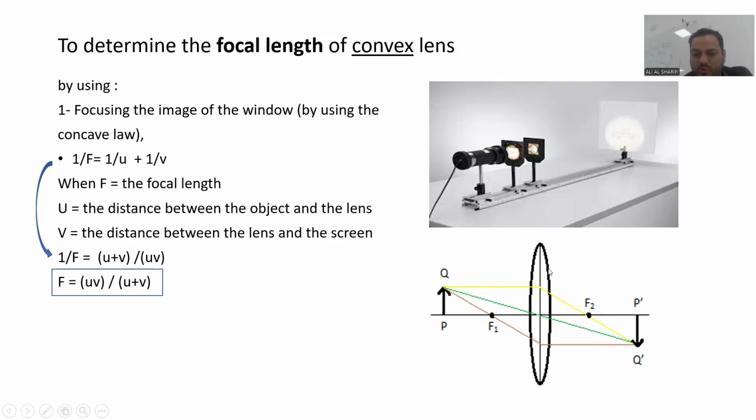The convex lens has two faces, right and left, so we have two focal lengths, and the focal length is constant. Any convex lens has a constant focal point, that means a constant focal distance. So when I say, for example, the focal length here is 10 centimeters, that means 10 centimeters on the left and the same distance on the right, okay?